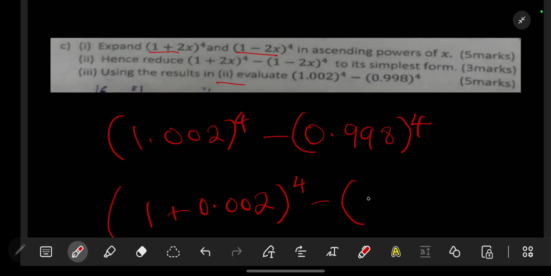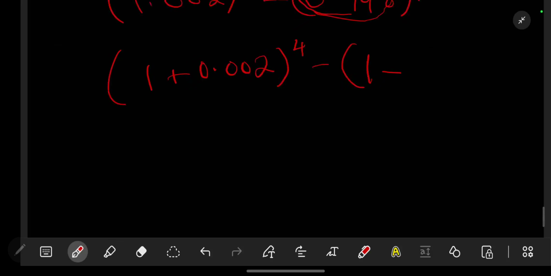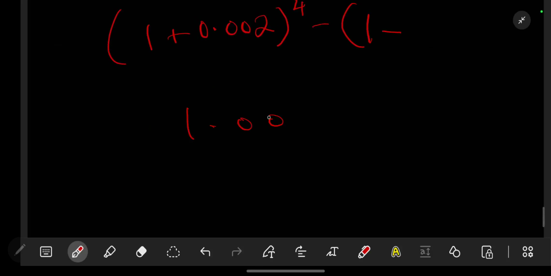So you can test what number can I subtract, but it has to be 1. Here it has to be 1. But since 1 is greater than this, you will say minus. Now look, 1.00 minus 0.998.